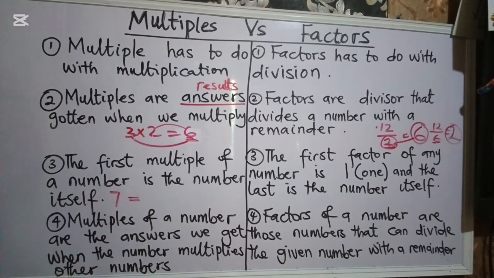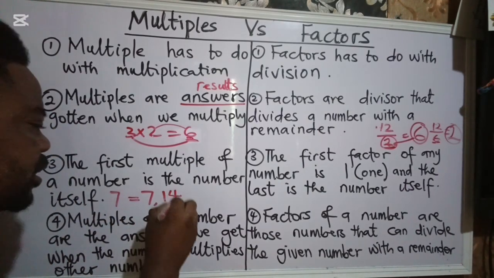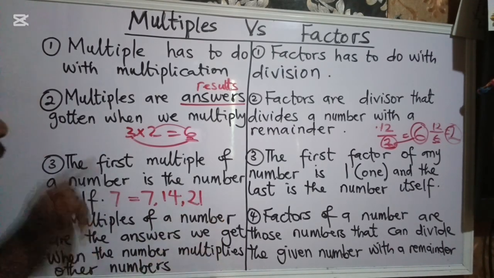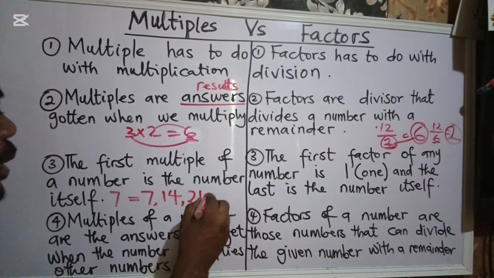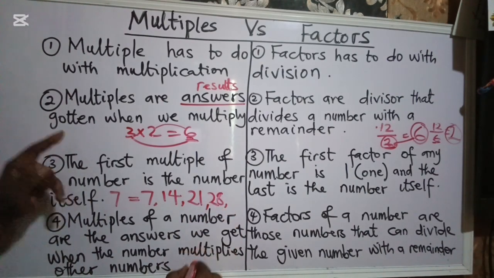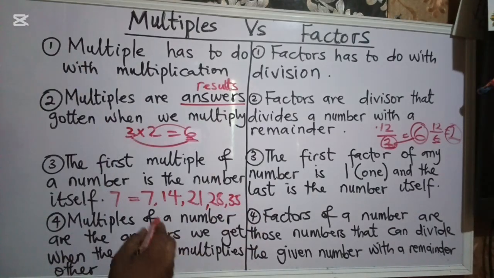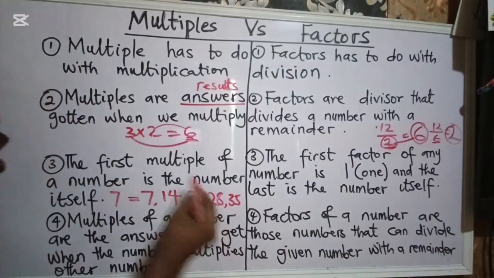The first thing you say is 7 times 1, 7. 7 times 2, 14. 7 times 3, 21. 7 times 4, 28. 7 times 5, 35, and so on. These answers that I'm putting down here are the multiples of 7.